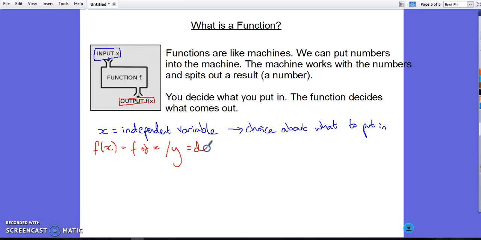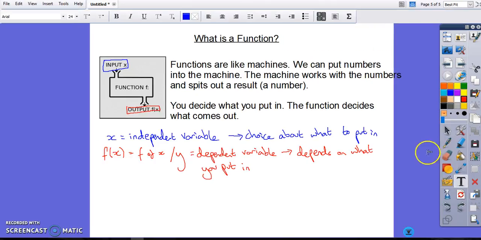This is also known then as the dependent variable, because it depends on what you put in. So we put in a number, the function works with the number, and it spits out a number that depends on what we've put in. So the function f works like a machine that just changes things in a systematic way each time.